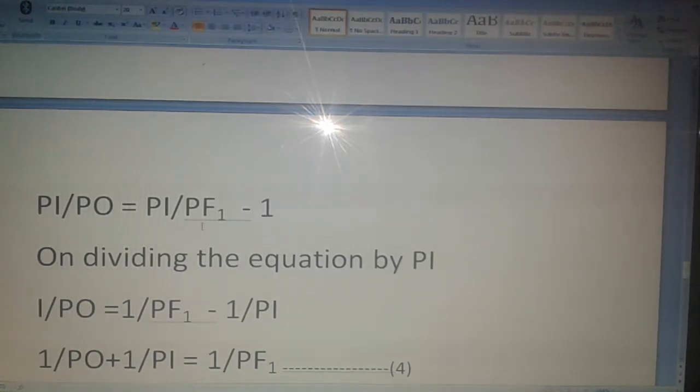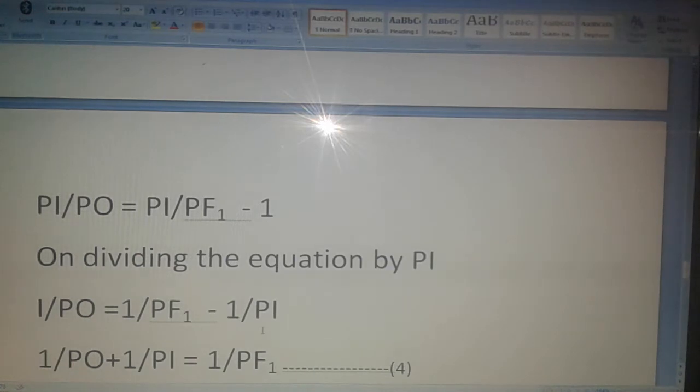This is the equation we obtained from the above. Now, dividing the whole equation by PI, the numerator parts will get cancelled. Therefore, 1 by PO is equal to 1 by PF1 minus 1 by PI.